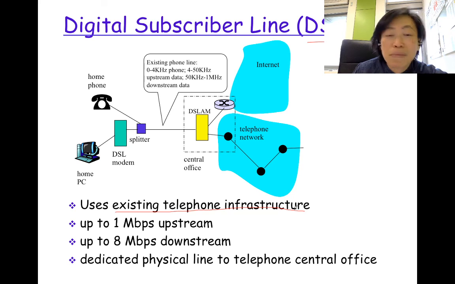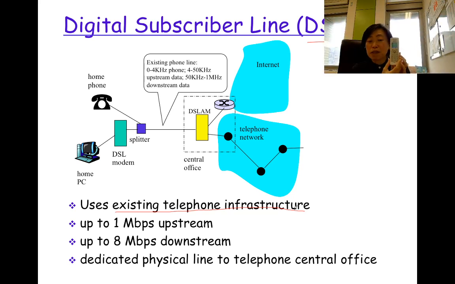So let me bring my telephone here. So this is my office phone. I'm using a wireless phone, but really the base station of this phone is actually connected through the telephone cable to the telephone network. Okay, so there's an infrastructure existing. Okay, and DSL here is borrowing this telephone infrastructure to transmit data.